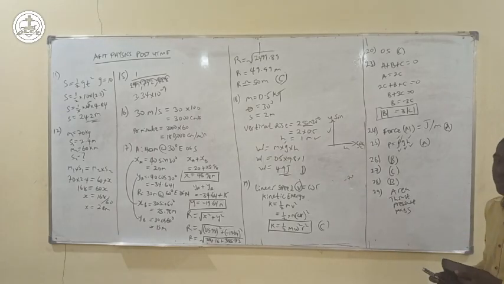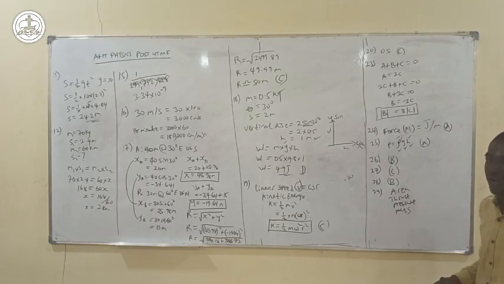What are derived quantities from the beginning? These are quantities that are due to a combination of maybe 2 or 3 fundamental quantities.